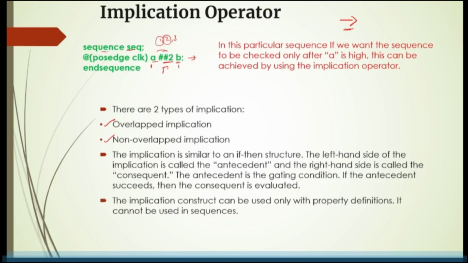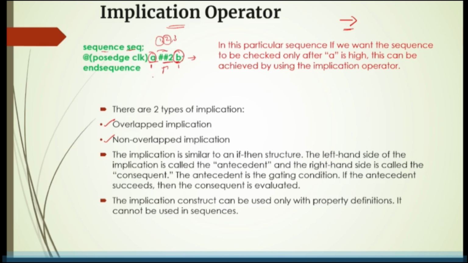So if you want to follow an order for your sequences, it is possible by using the implication operator. Implication operator is very similar to logical operators. Just like you have two input signals A and B, in the implication operator also you have two signals.